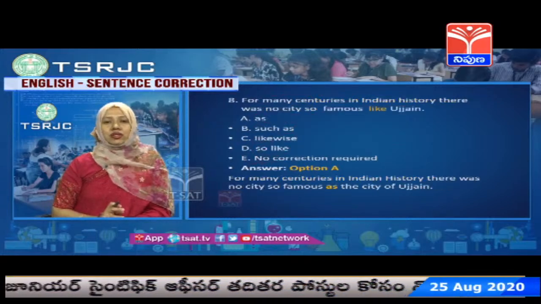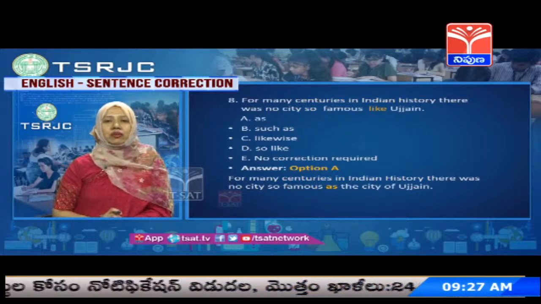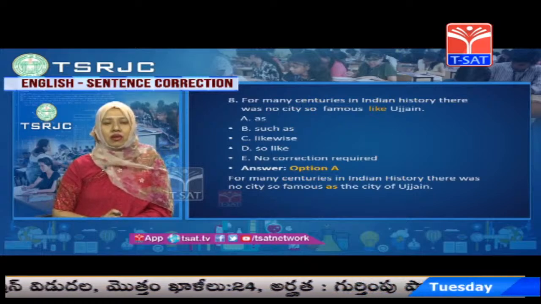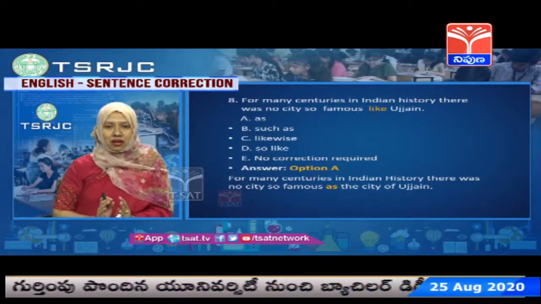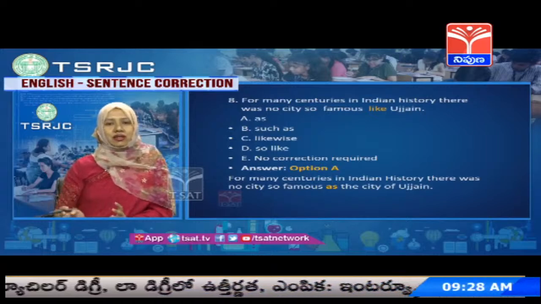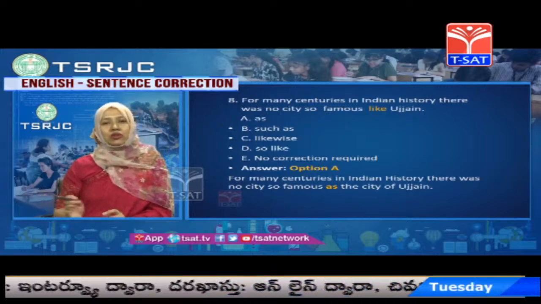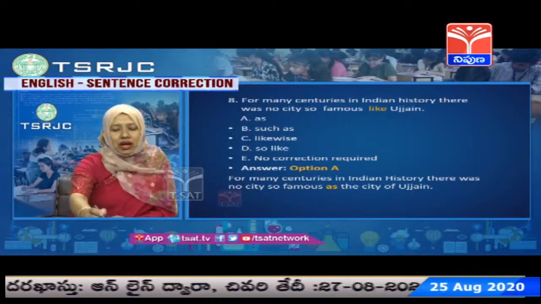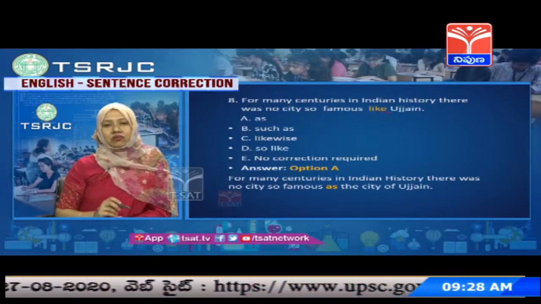For many centuries in Indian history, there was no city so famous like Ujjain. Now, in this sentence, read carefully. There is a word highlighted in the sentence, like. Now, like is wrong.